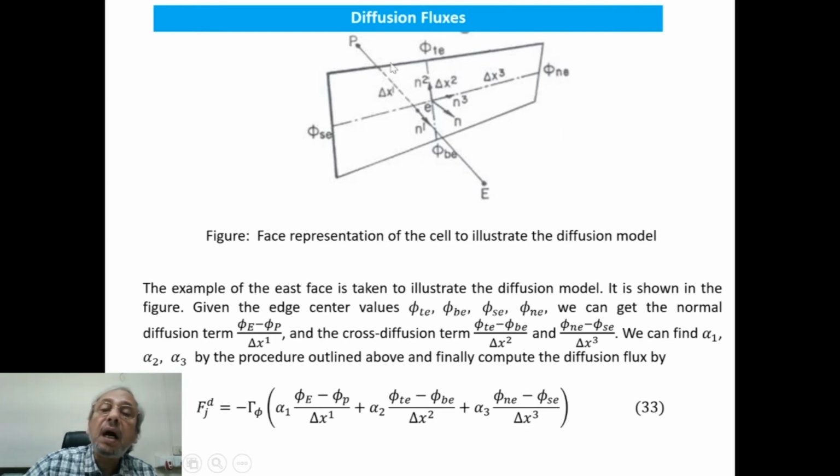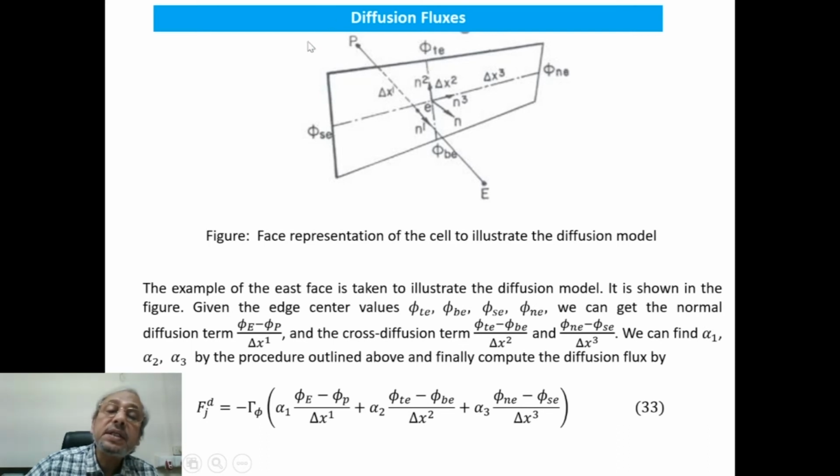The center of the face can be defined. The center of the cell is defined, but at this center of the edges, how is it to be calculated? We will see in this calculation, for example, phi TE.